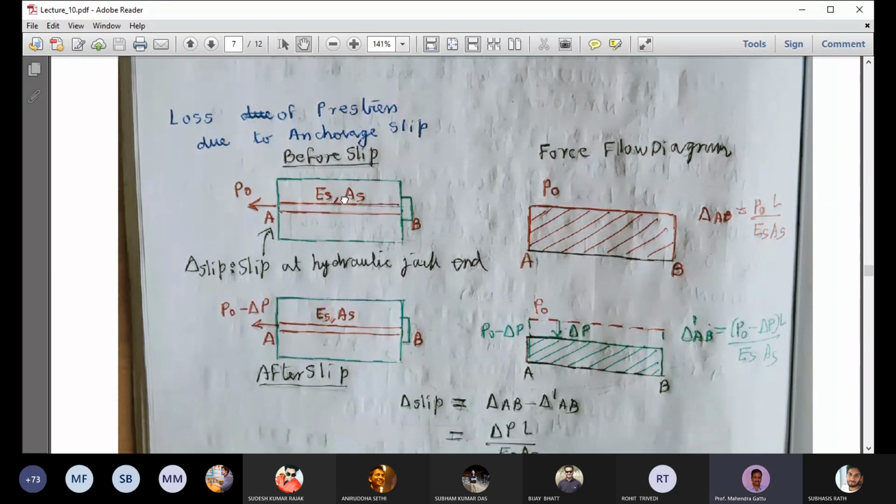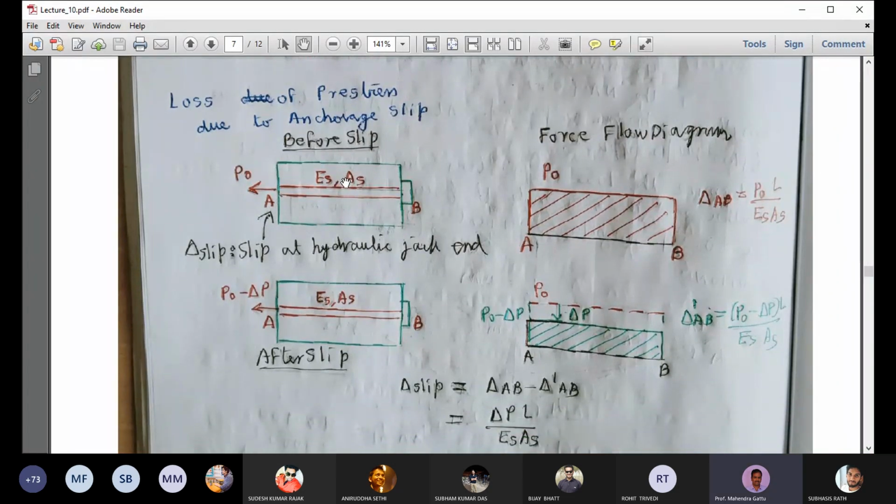So let's discuss loss of pre-stress due to anchorage slip. Here we have this pre-stressed beam with this cable, and it is anchored on the right edge. We are applying the force by a hydraulic jack, and the hydraulic jack will produce a pre-stress force of P naught.